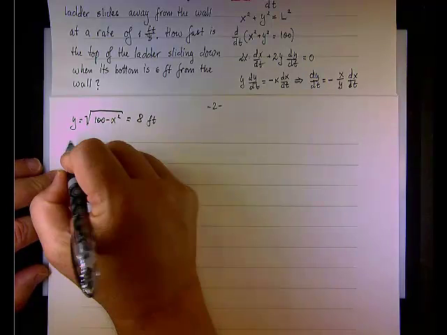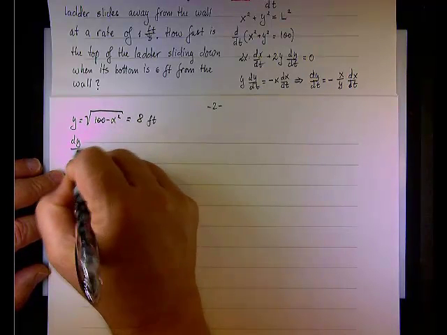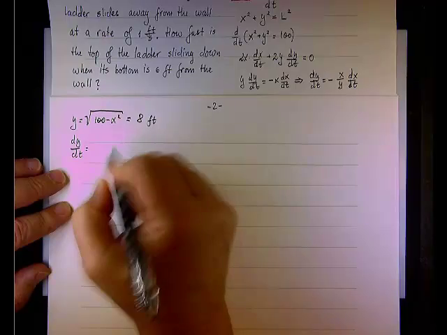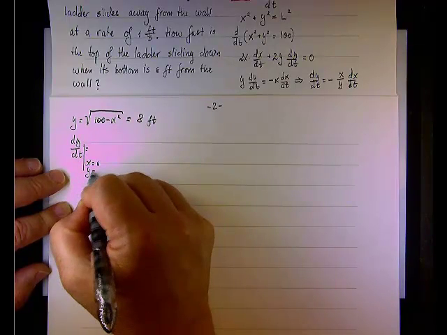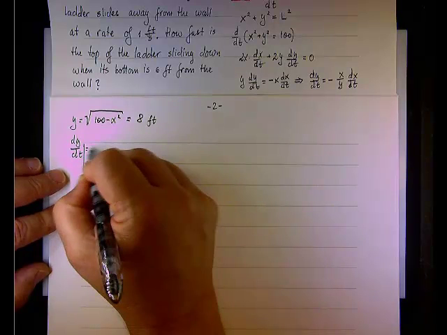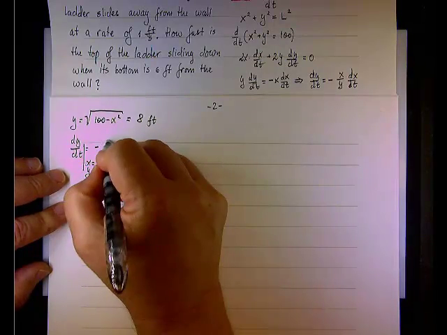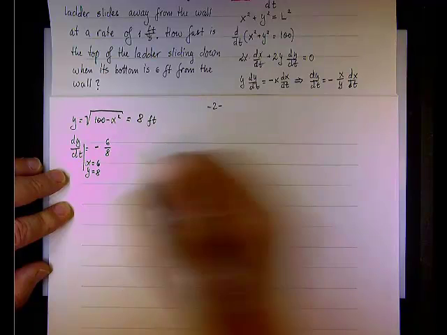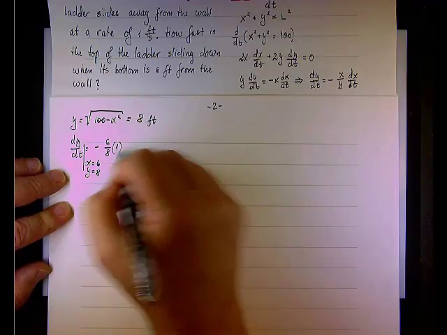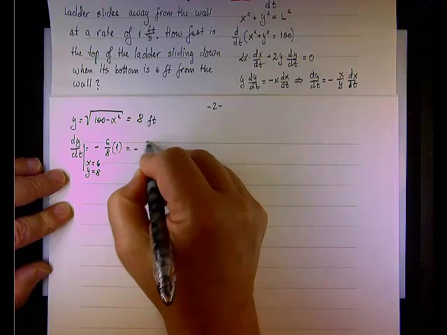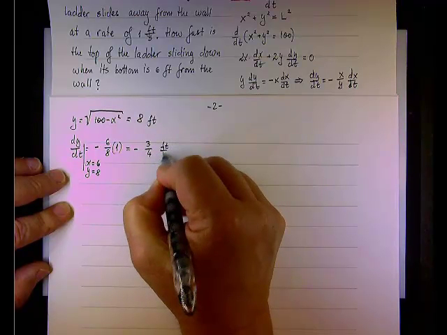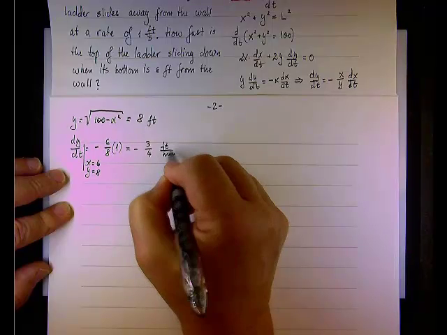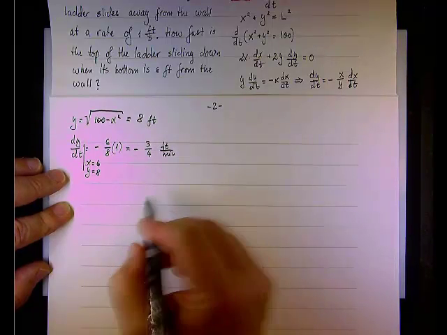And now we're pretty much done. At this point, dy/dt, when x equals 6 and y equals 8, is negative: x is 6, y is 8, dx/dt is 1, or negative 3/4 feet per second.